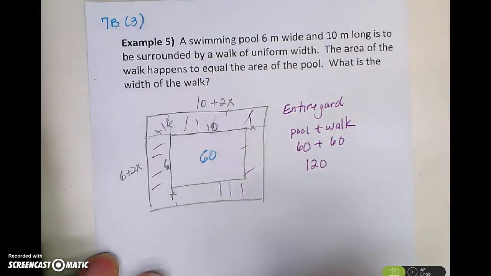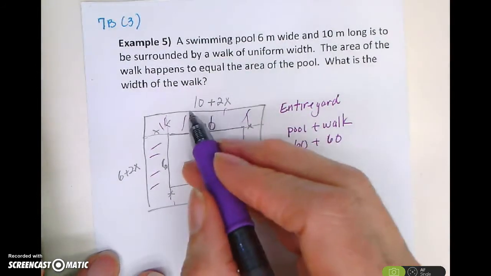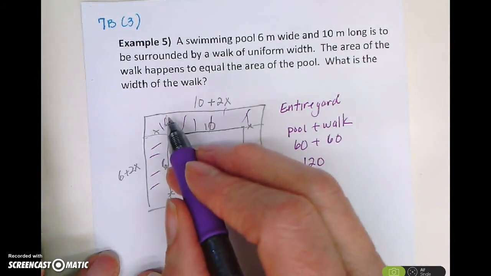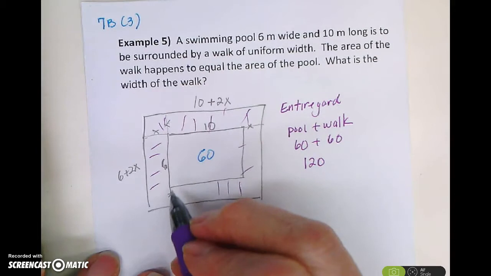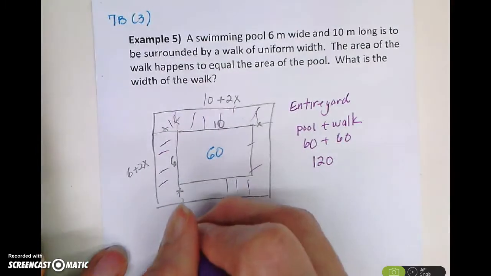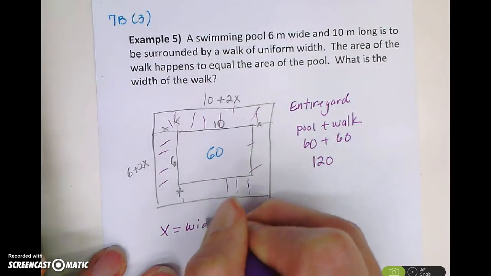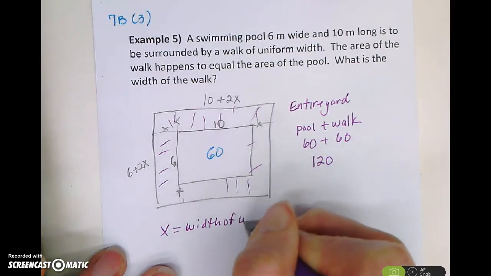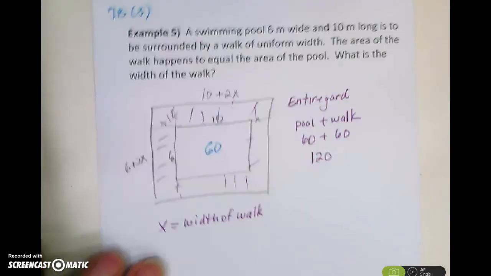All right, so now we're going to use our 6 plus 2x and our 10 plus 2x because they have in it x, which represents the width of the walk. So x is equal to the width of the walk, and that's what we're looking for.